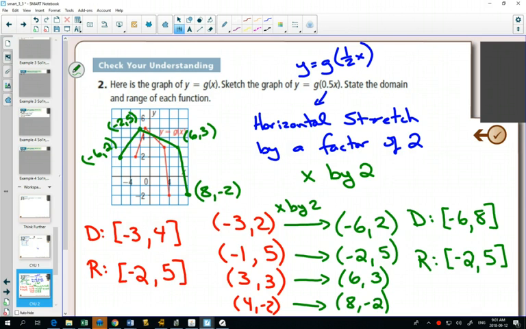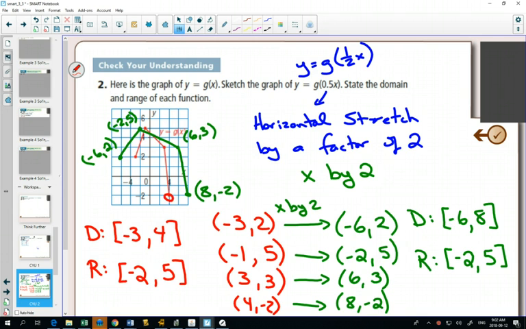Yes? Are we going to get graphs on the test or the exam where one of the domain or range is not included? So it's not a square bracket. It is. What will happen on those ones is most likely yes, but it'll have like an asymptote. Okay, an asymptote is an example of where it's not included. The other way that you could make this graph not included is at the end point, if it was an open circle.